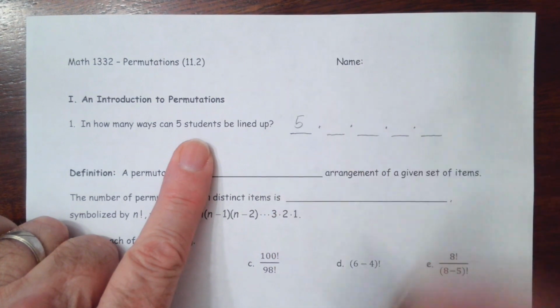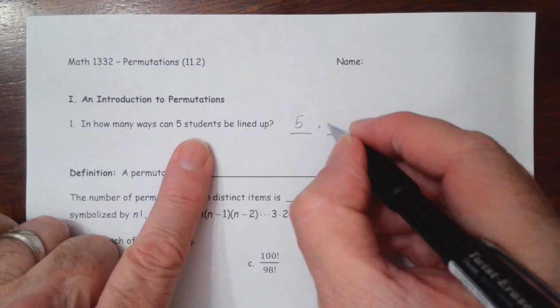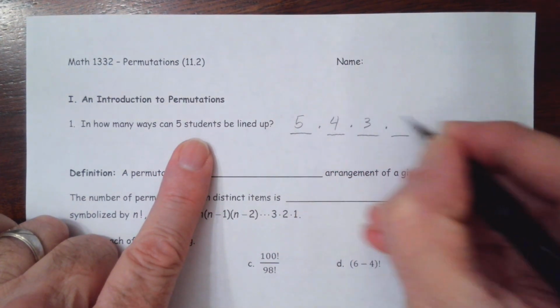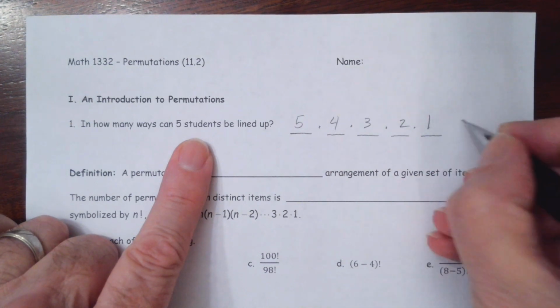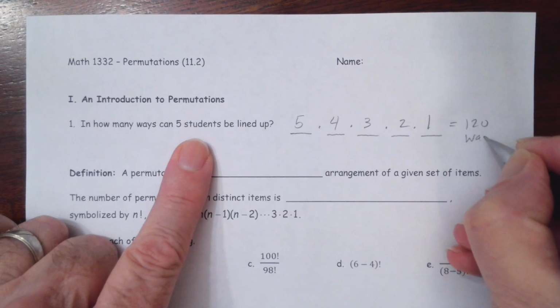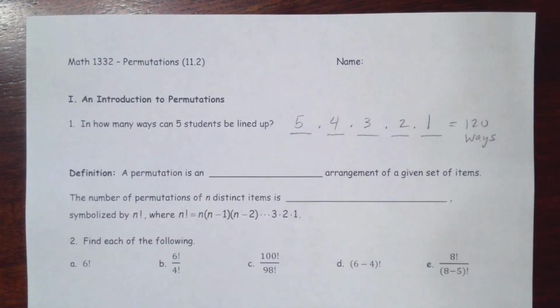There's 5 to choose from to be the first person in line. Now that one has been picked, there's only 4 left for the second position, and then 3, and then 2, and then 1. And if you multiply that out, you get 120 ways. So there's 120 ways that 5 students can be lined up. And that's just using the fundamental counting principle.